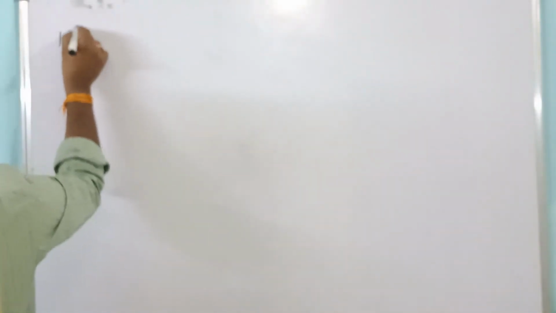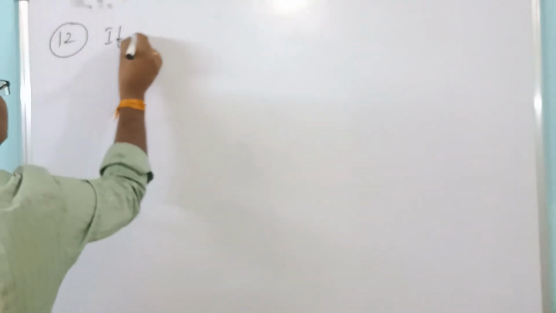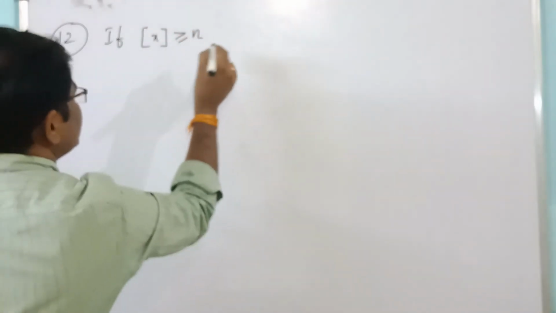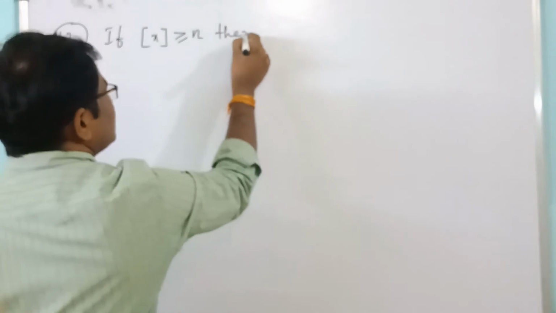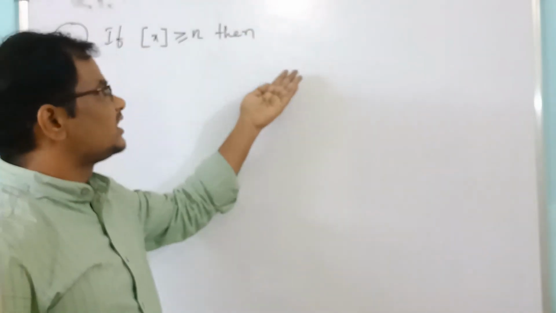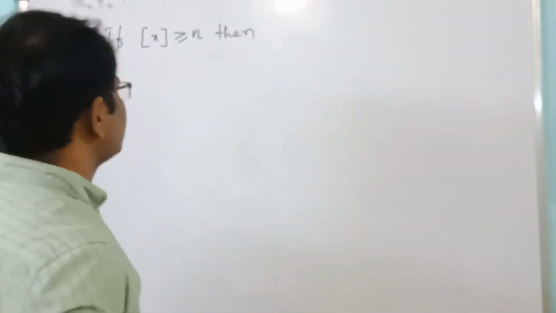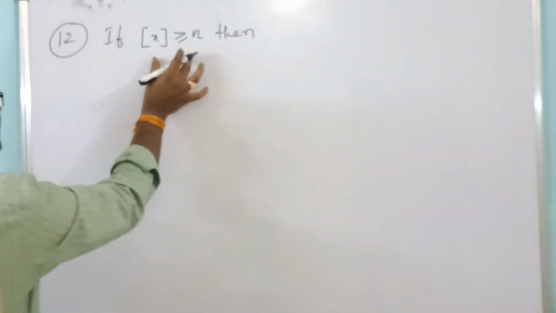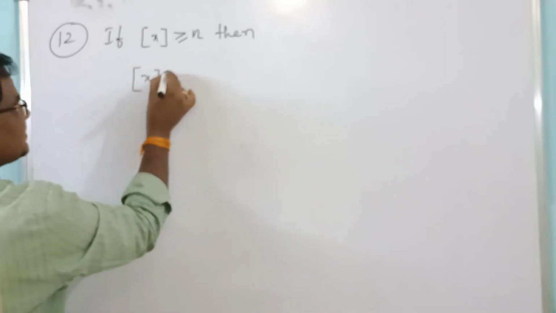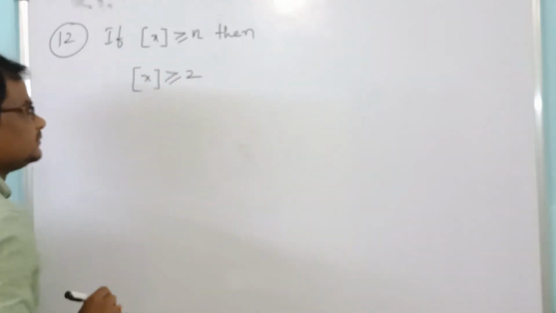Right. 12th property. If floor of x is greater than or equal to n, then what about x? Means x is greater than or equal to n, or greater than or equal to n plus 1, like that we have to identify. For that I will take one example. Suppose the greatest integer function is greater than or equal to 2.